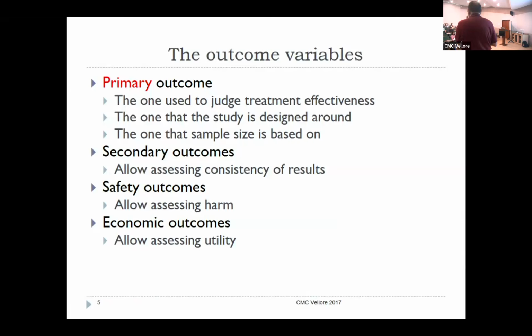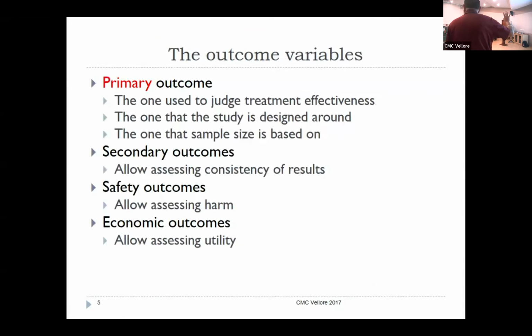You want to look at assessing utility. So after a trial is ended, there's a lot of economic analysis of what are the benefits of this, and does this change the practice or not because of economic issues. So there are economic outcomes that people collect data on during the trial to be able to do the economic analysis.